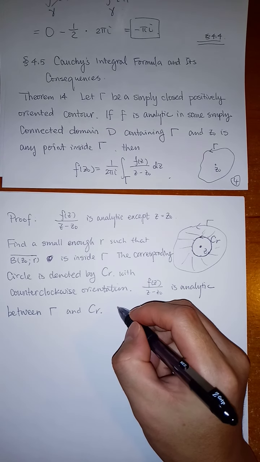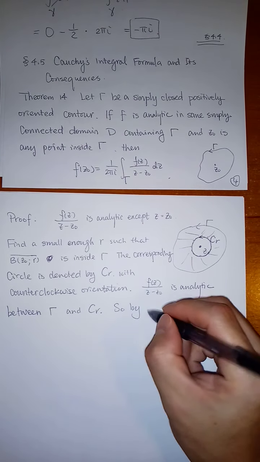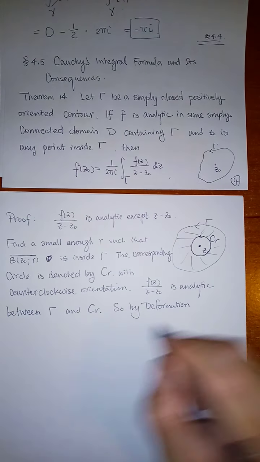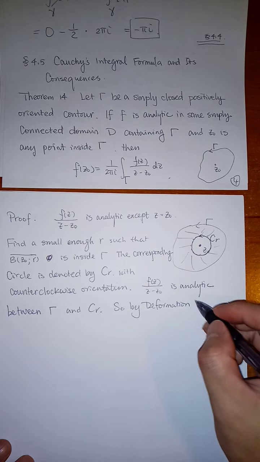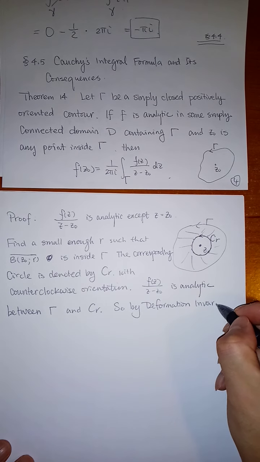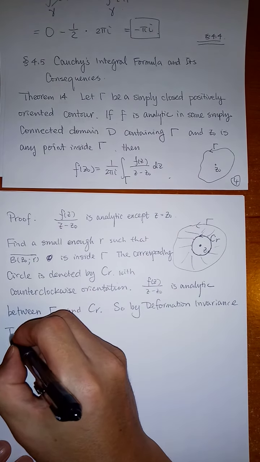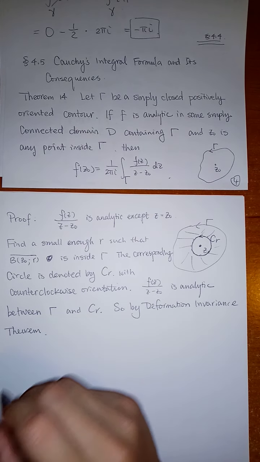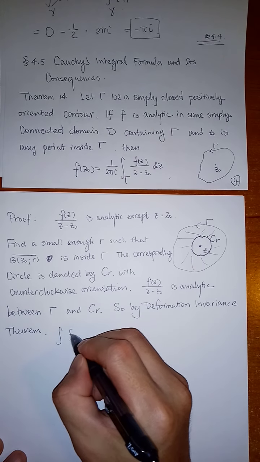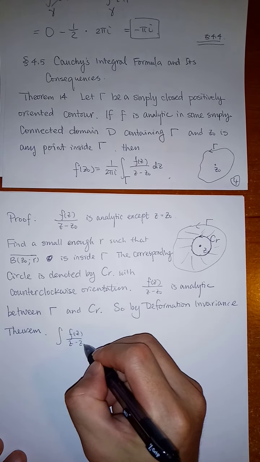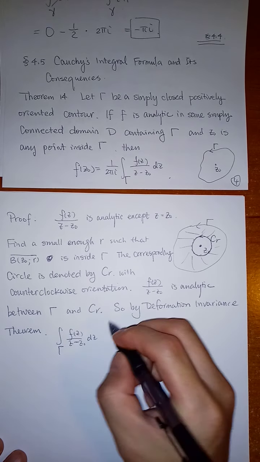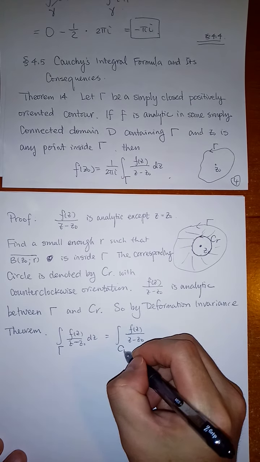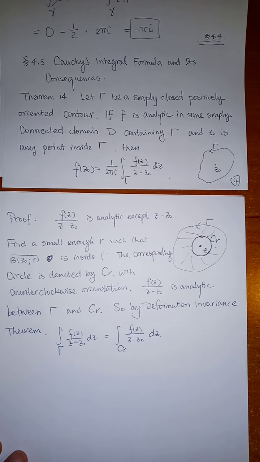So by the deformation invariance theorem, we have the integral of f(z) over z minus z0 dz along gamma is equal to the integral of f(z) over z minus z0 over C_R. Okay.